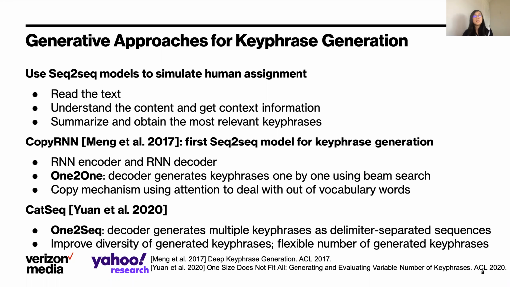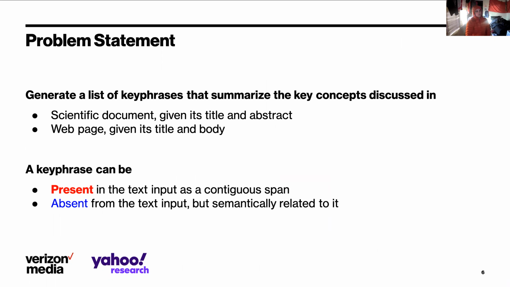Sure. Okay, thank you. I did have a question regarding the previous slide and present versus absent keywords. I'm not entirely clear on what the task is and why ranking them doesn't give us the absent ones. Couldn't you just have a threshold value for the ranking? The ranking works, and usually with the extractive approach, people use a ranking approach.